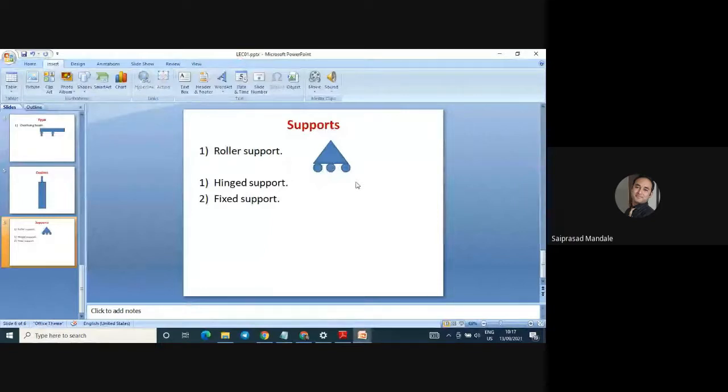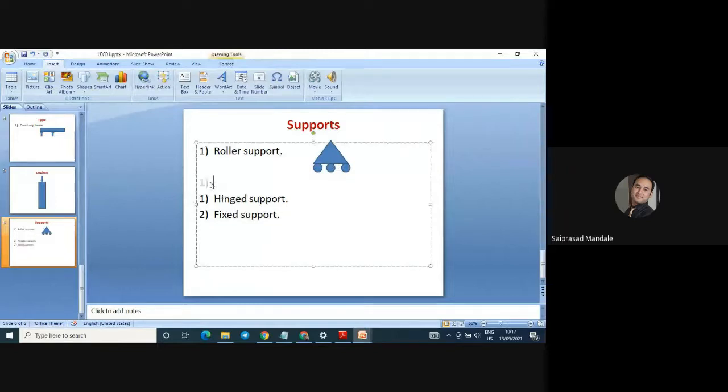In case of roller support, the reaction is always normal to the contact surface.